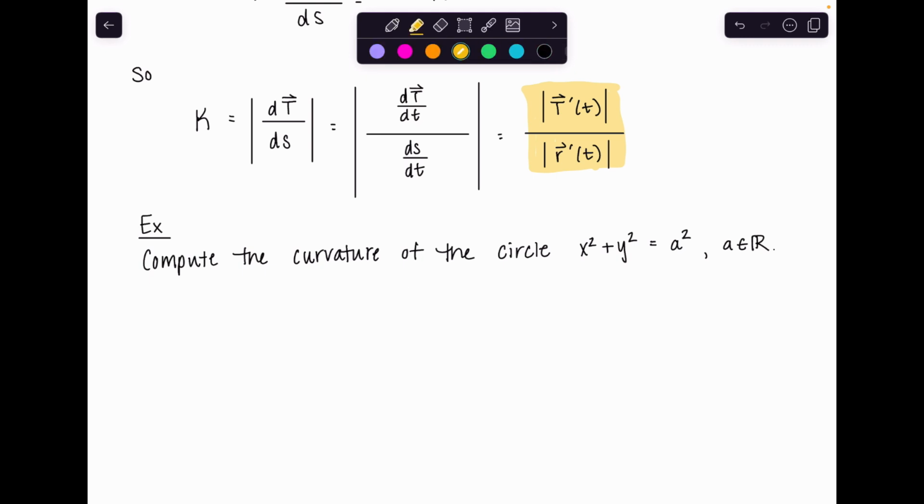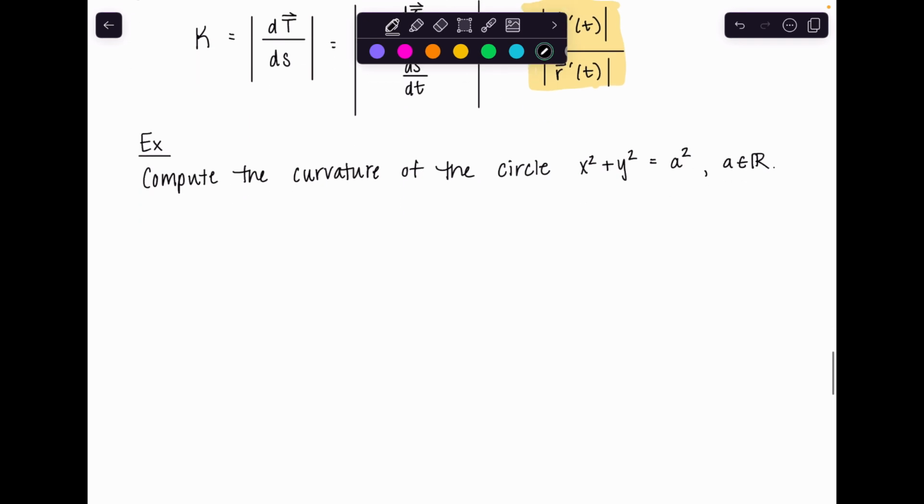So I'm going to need to find T prime of t and r prime of t, which means I'm going to have to parameterize this curve, okay? Because my curvature is written in terms of a vector function, and right now, this is not a vector function. So I've got to come up with one that is a smooth curve.